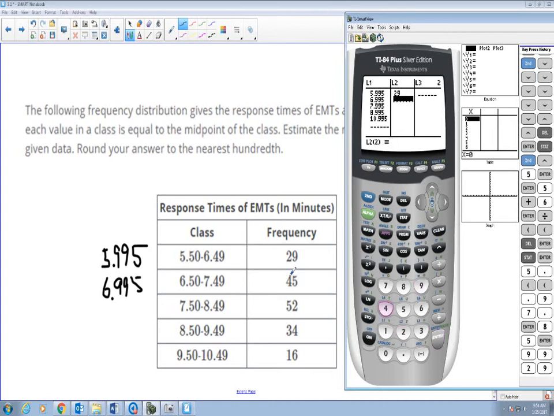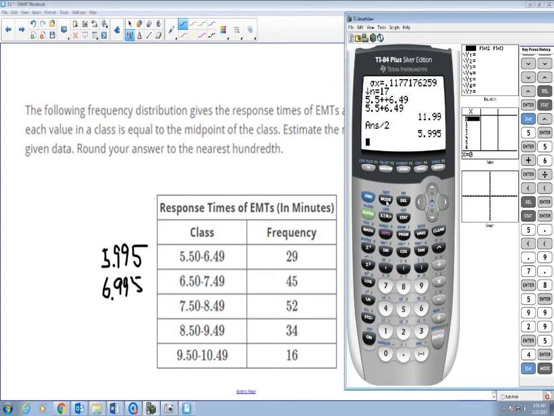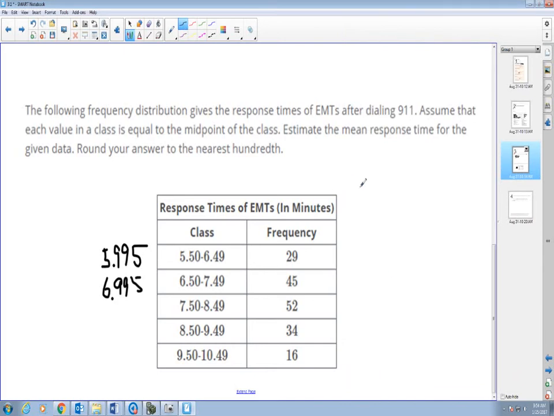Frequency 29, 45, 52, 34, and the 16. Okay. So make sure the entries are parallel to each other. 5.995. Alright, so I was doing it right. Stat, calc, number 1 variable statistics. Now your X list is your midpoint under L1. Your frequencies are under L2.